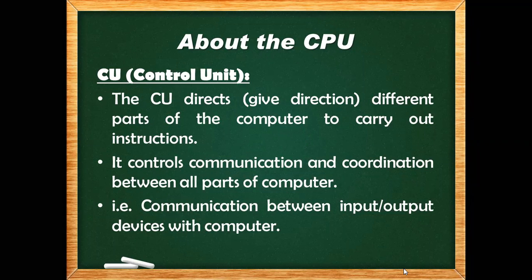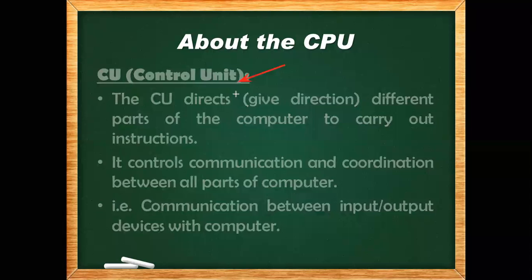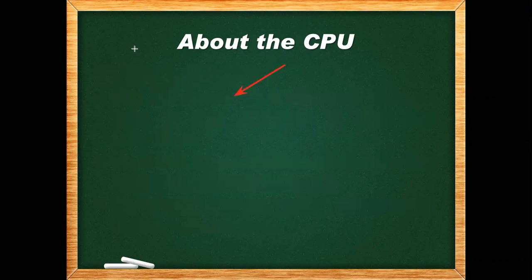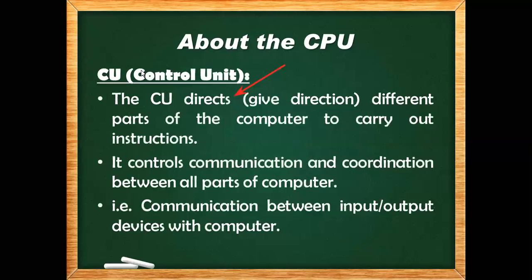For example, you are going on a road and someone asks where is the bank? You give them some directions. So it means that you direct them towards the bank. So direct means giving direction.